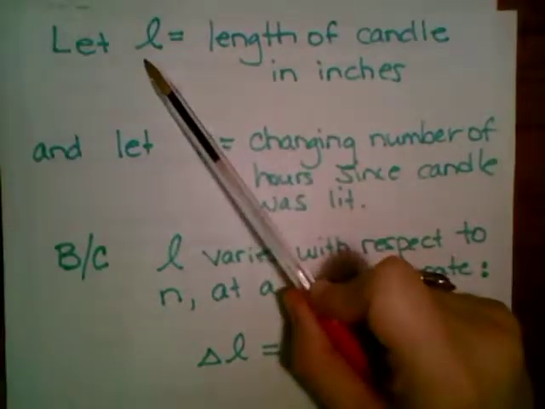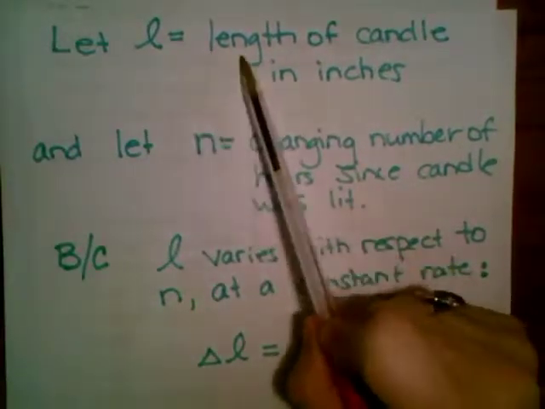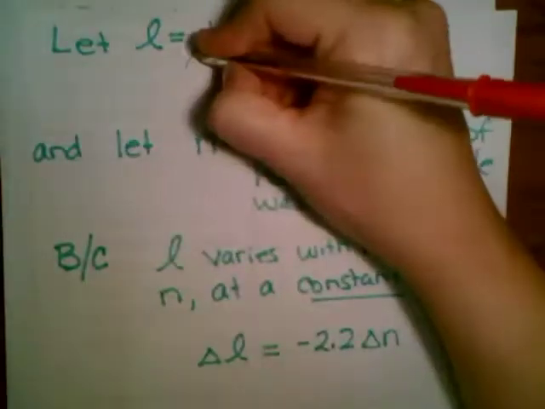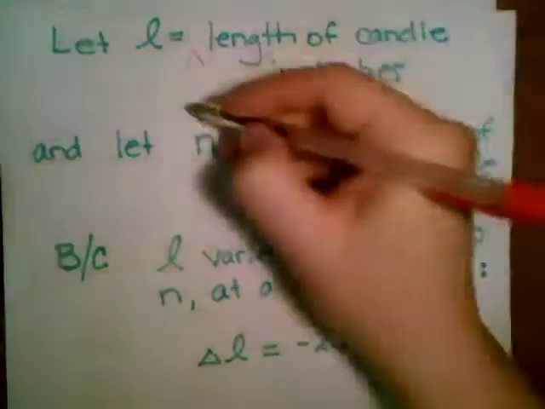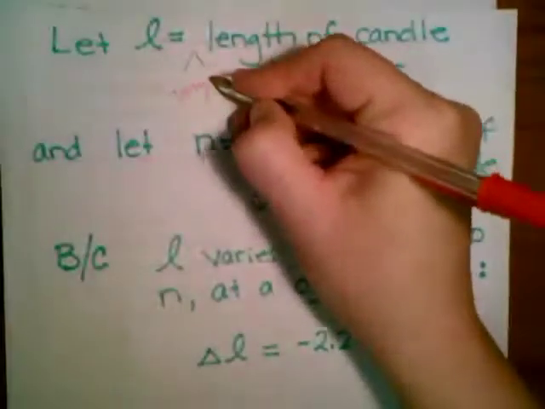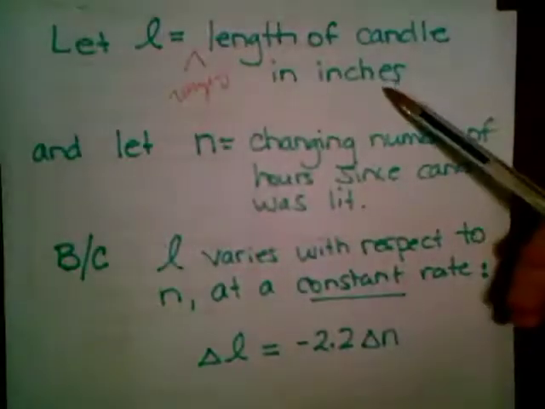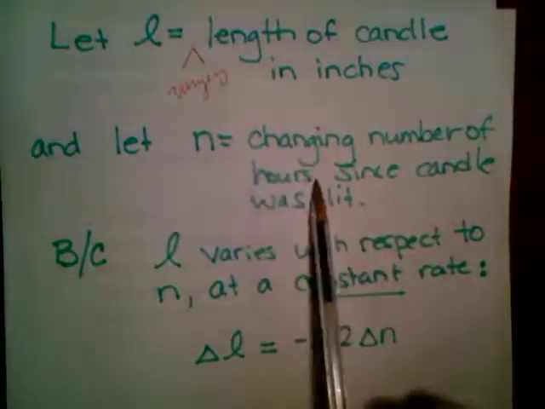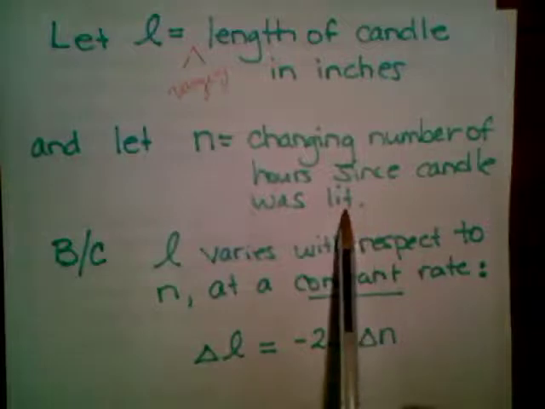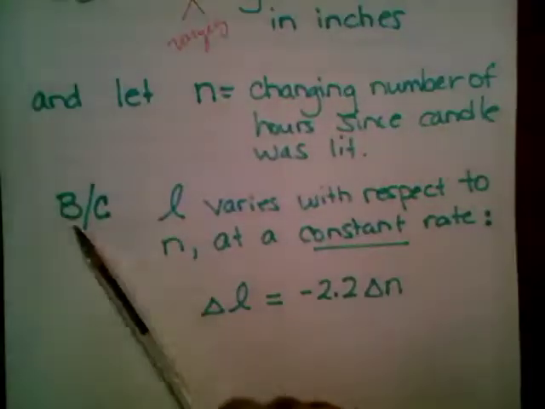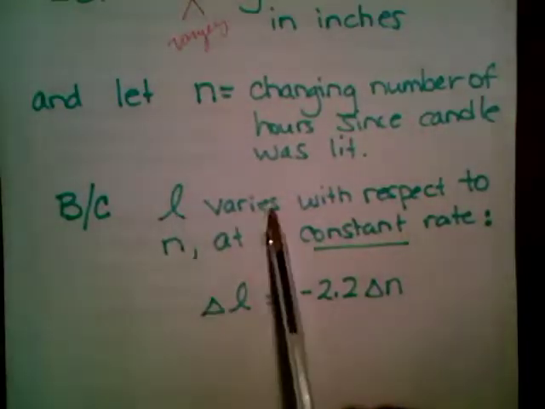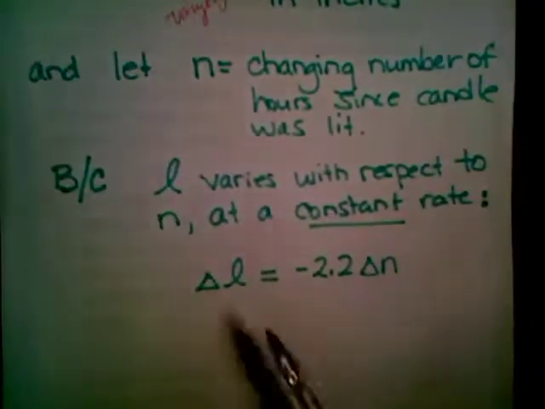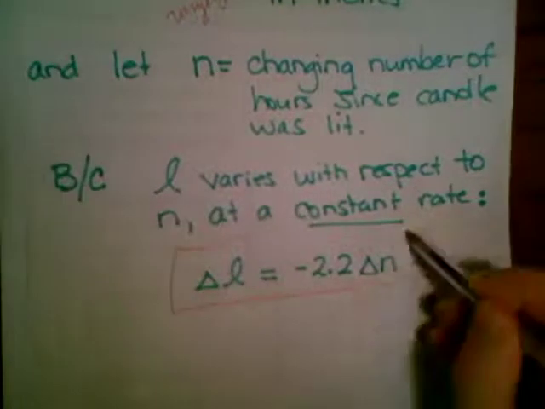If we let script L represent the varying length of the candle in inches as it burns, and we define N to be the changing number of hours since the candle was lit, then because length varies with respect to number of hours at a constant rate, we can write this relation.